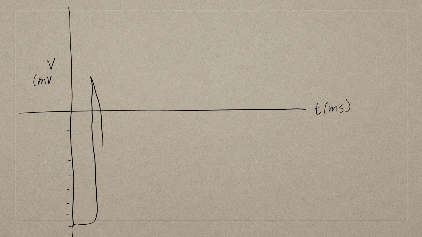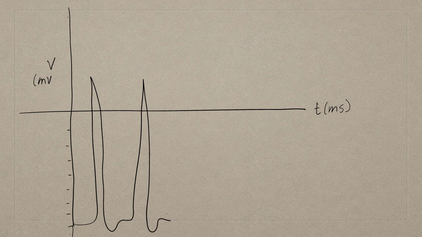If this is the graph we have been drawing, with time in milliseconds and voltage in millivolts, we see the neurons overshooting, coming back, and then something like this.